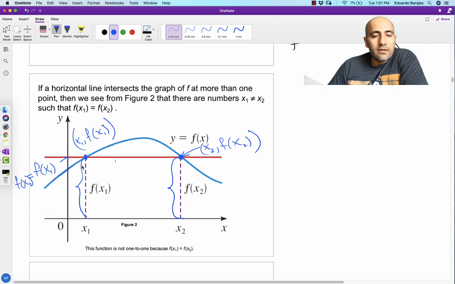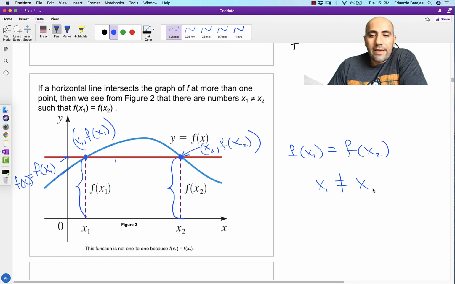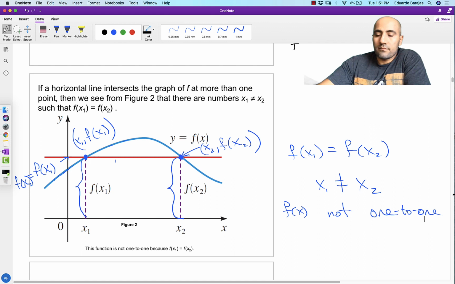So what we have here is that this red line confirms one place where the function has the same outputs, f of x sub 1 equals f of x sub 2. However, clearly x sub 1 does not equal x sub 2. So we have proven that f of x is not 1 to 1.